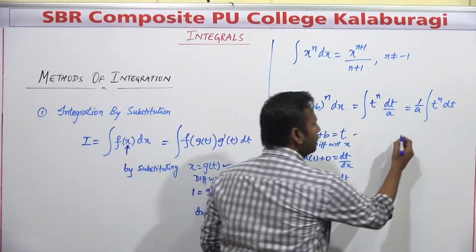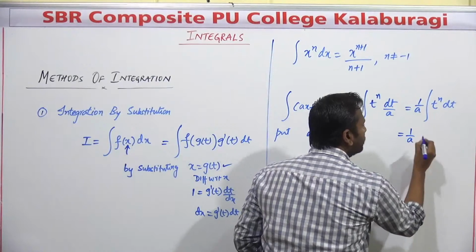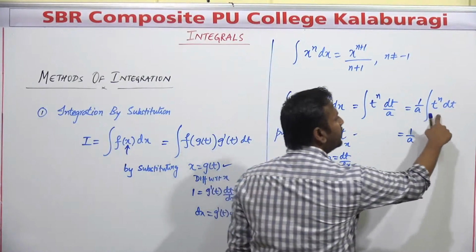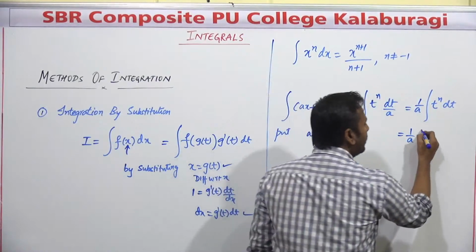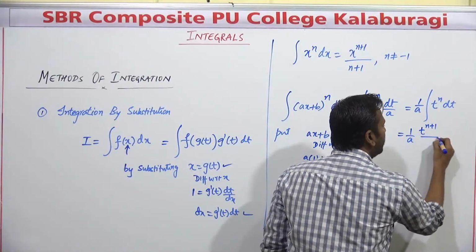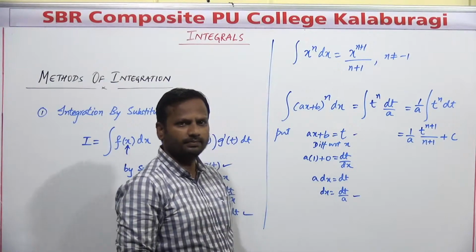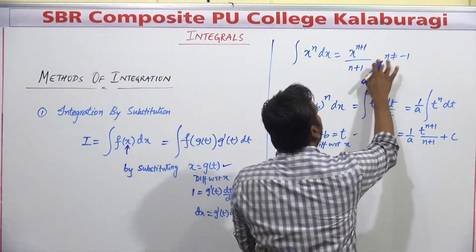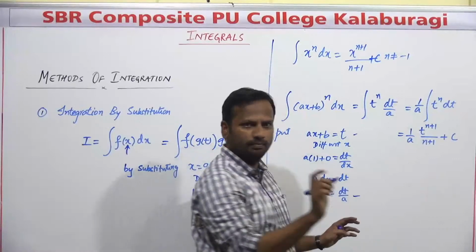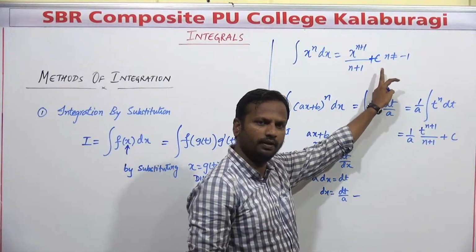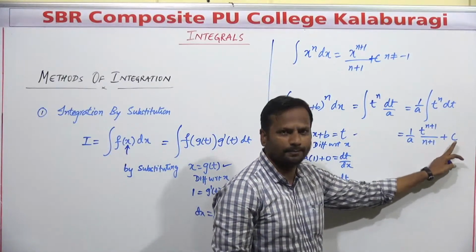What happens now? 1 by a as it is, t raised to n, according to this formula, t raised to n plus 1 divided by n plus 1, plus c. Agreed? Sorry, here I have not written plus c, you should mention it. Plus c you should mention compulsorily, right? So it is plus c.